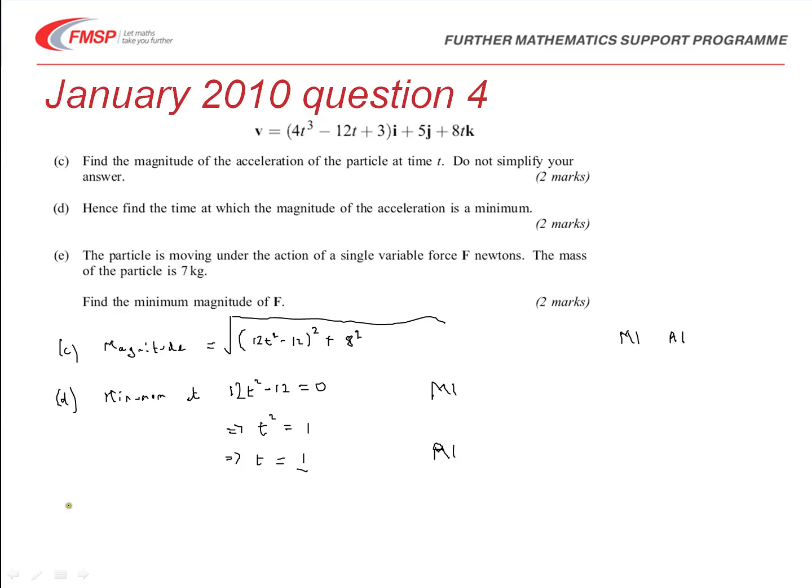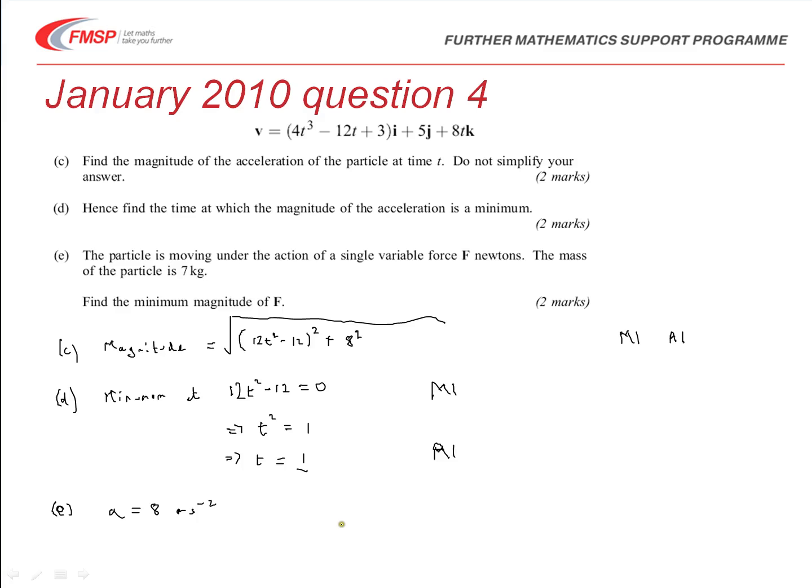So, we know then that when t equals 1, that gives you the minimum magnitude of the acceleration, which gives you an answer of the square root of 0 squared plus 8 squared, which makes the magnitude of the acceleration 8 meters per second squared.